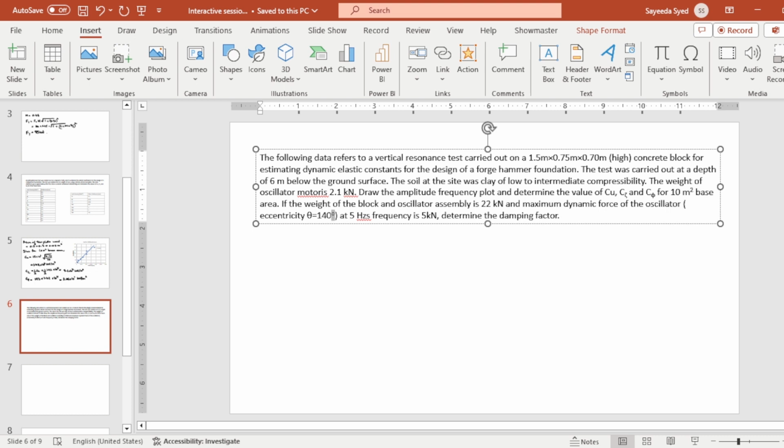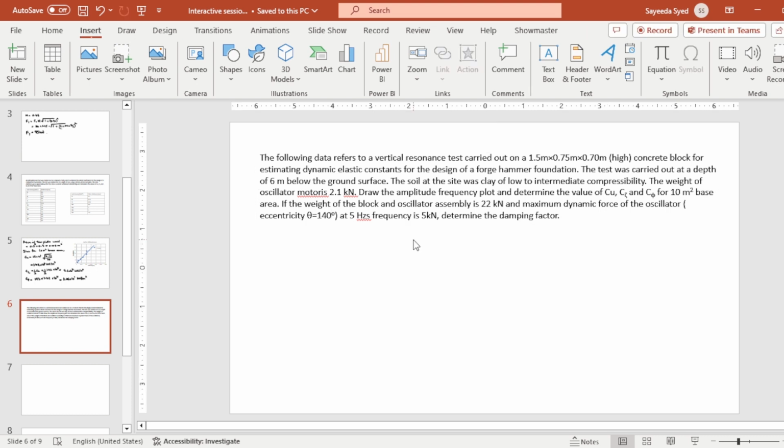So this is the question. Let us move forward and try to solve this. I also have to give you the table with the data. So let me give you that.